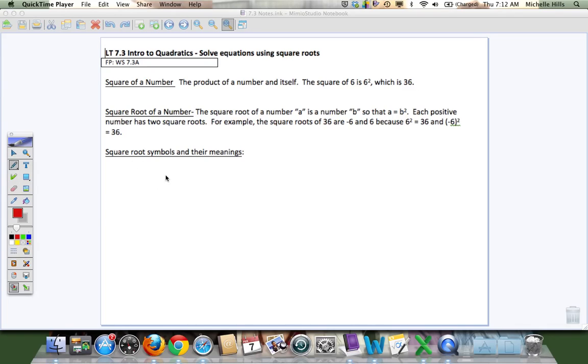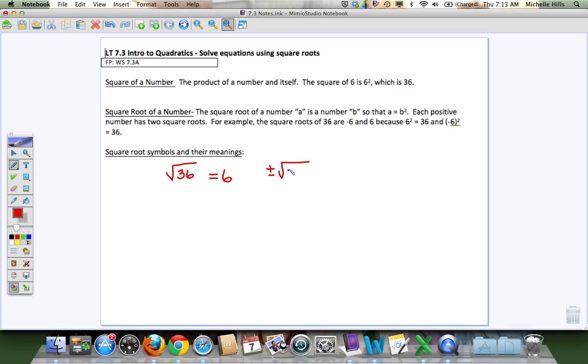So when I'm looking at square root symbols, the basic square root symbol looks like this. And if it just says this, the square root of 36, the answer is positive 6. If it has this, it's asking for both the positive and negative square root of 36.